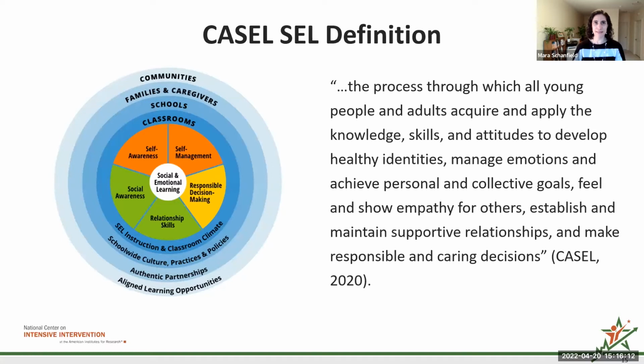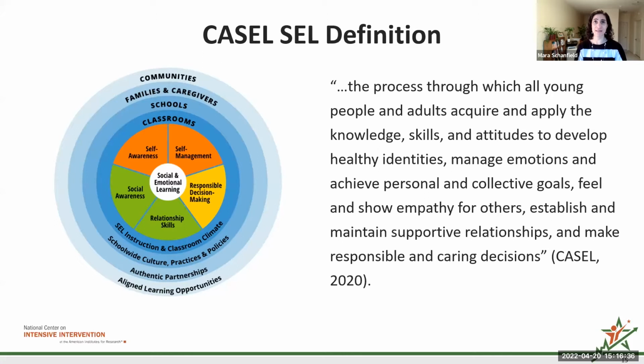I'm going to take a quick pause here to allow you to read the definition from CASEL on the screen. This is the formal definition that was updated in 2020 as a response to the times we're living in.